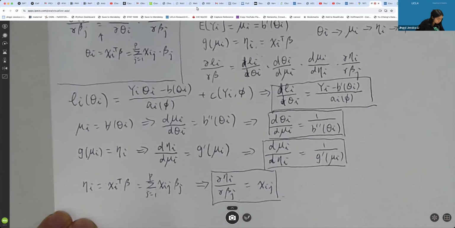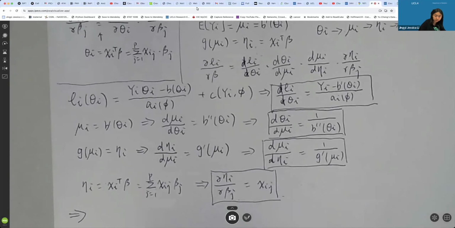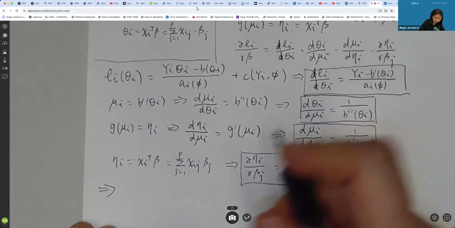Okay, so then we put all these terms together. What do we get? It's just this. Putting things together, we just multiply them up.